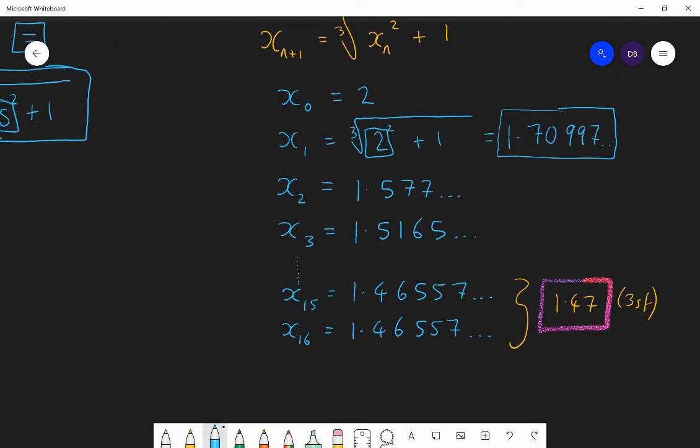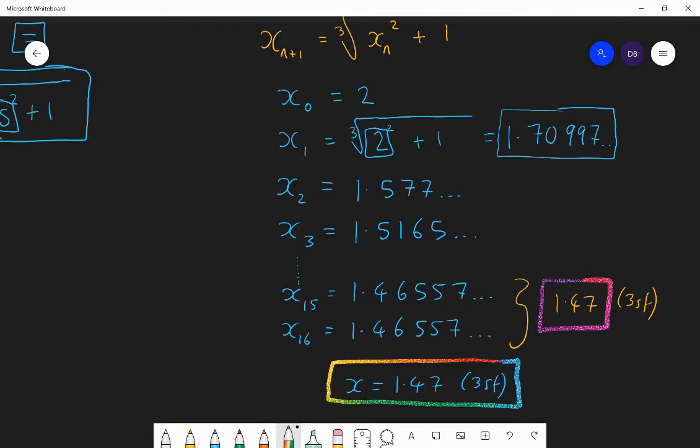So I would say x is equal to 1.47 to 3 significant figures. And I could check that using the sign change rule by substituting 1.465 and 1.475 into my original equation where f of x was equal to 0 before I rearranged, and show that one was negative and one was positive, and therefore the root was within that region.